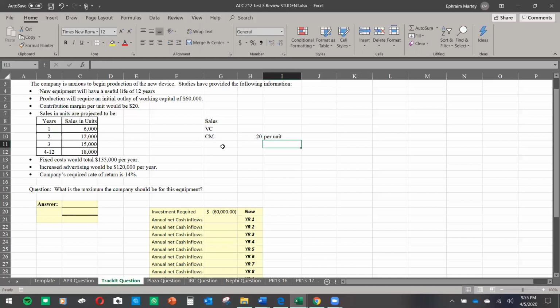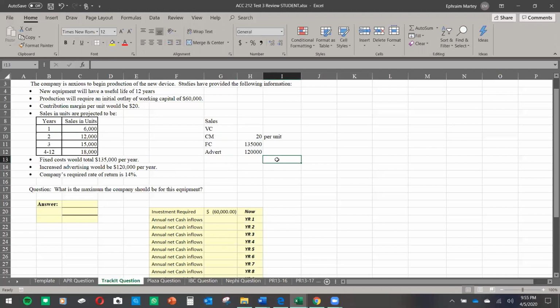But before we know our annual net cash flow, we have to subtract some costs. Here the fixed cost is 135,000, and then we have an increased advertisement, which is 120,000.